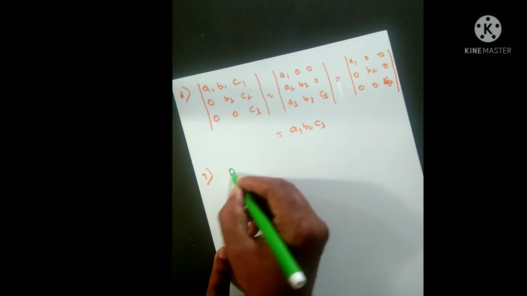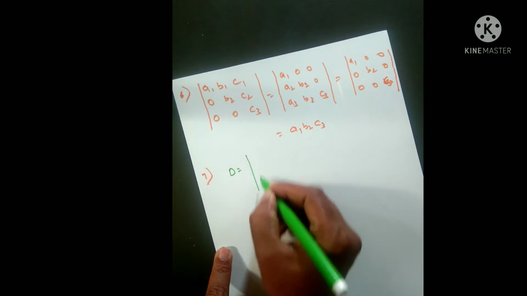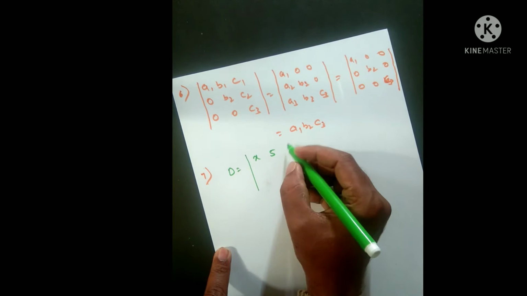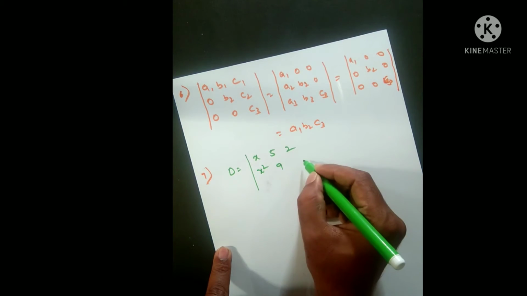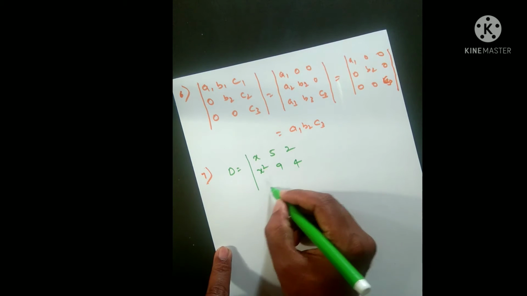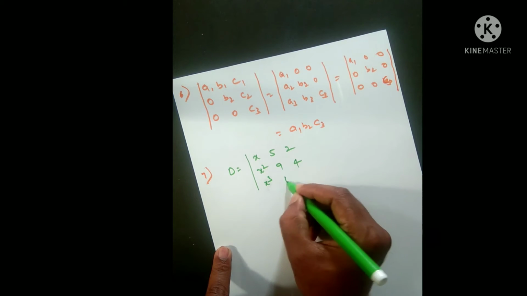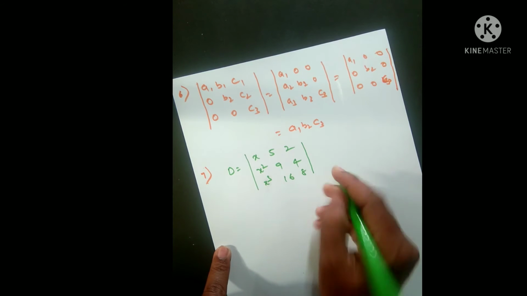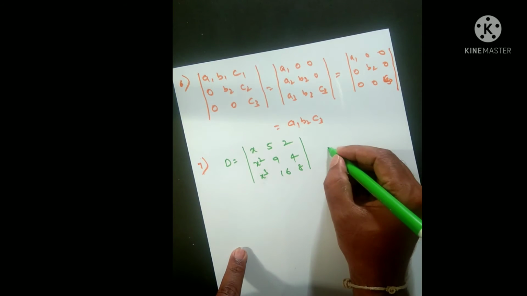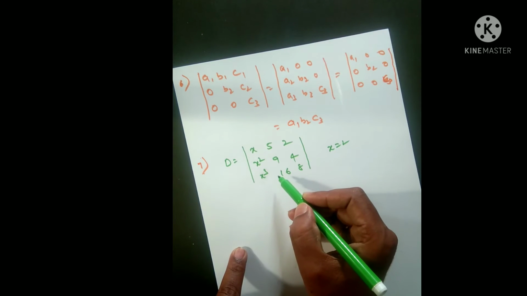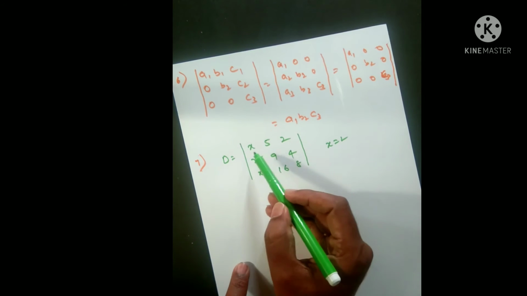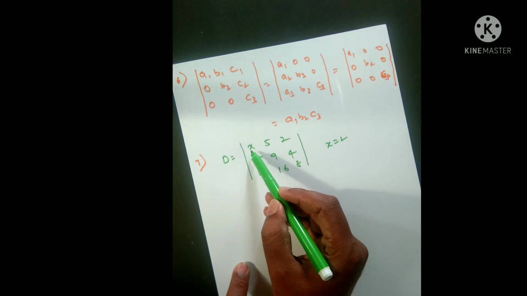For example, D is equal to x 5 2, x square 9 4, x cube 16 8. Now if I take the x value as 2, the value of this determinant is 0. How? I take the x value as 2.